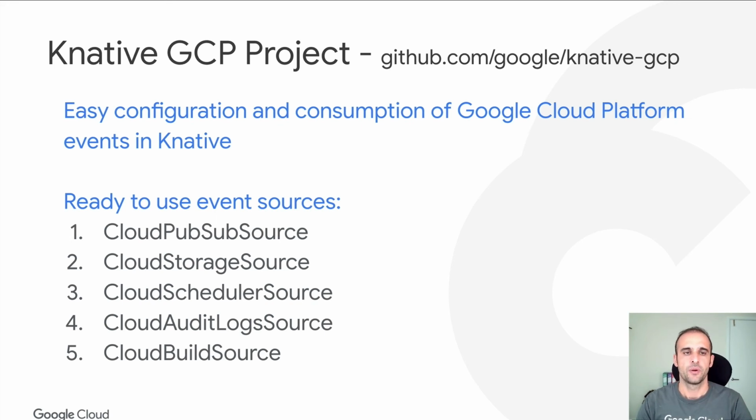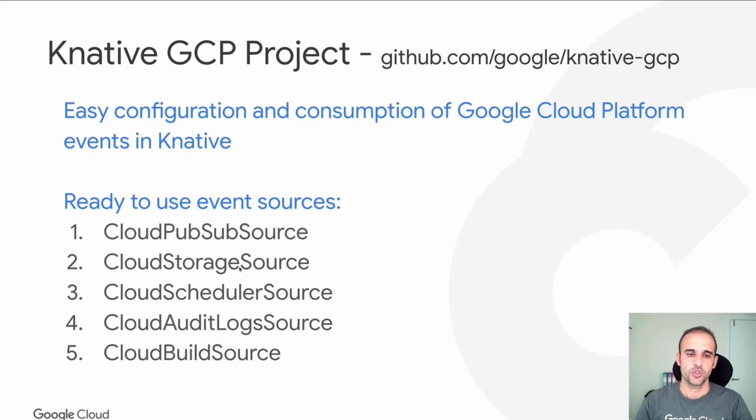Now, as I mentioned, Google Cloud has different kinds of event sources to read Google Cloud sources into Knative. These are all defined in a project called Knative GCP project. In this project, there are a number of event sources. There's, for example, Google Cloud PubSub source, for reading PubSub messages into a Knative cluster.